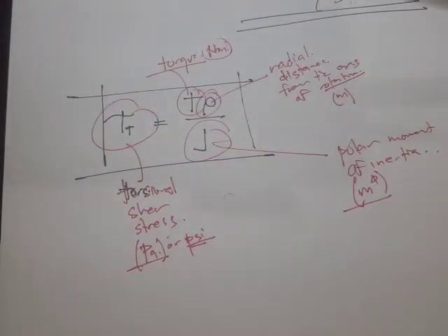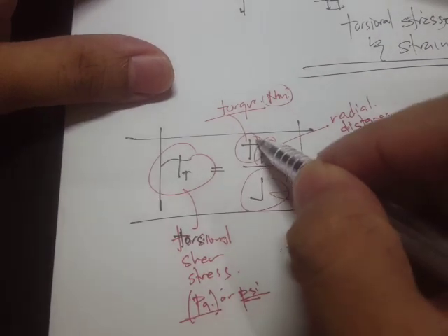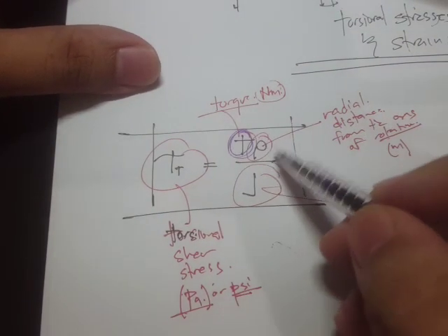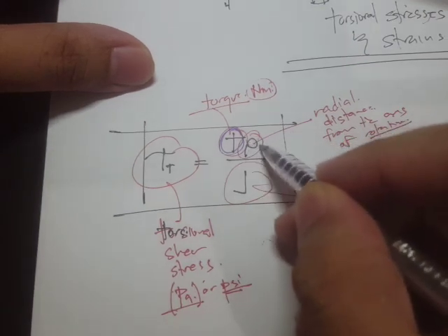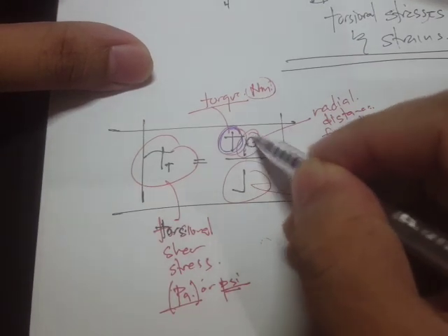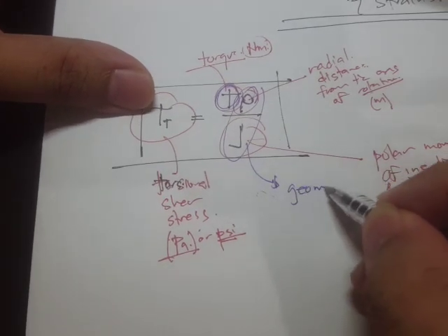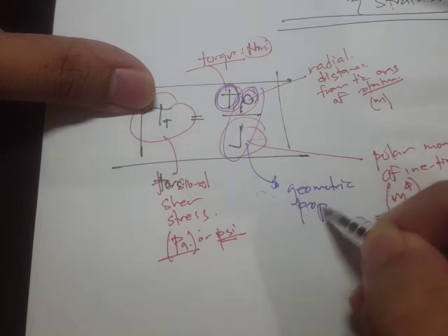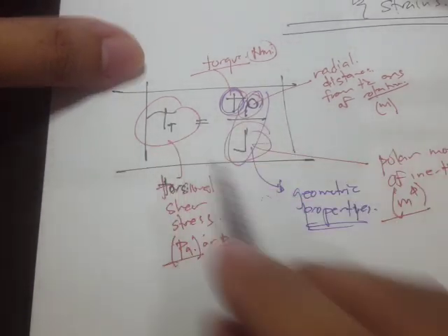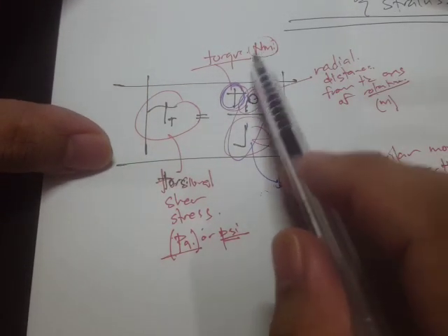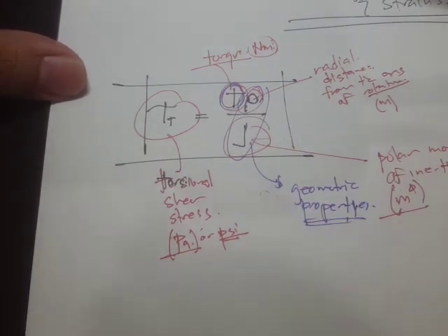Going back to this equation, you would notice that this one is the internal force, and this radial distance, or the radius, because sometimes they use R, and J is a geometric property. So again, the stress is simply a function of the internal force and the geometric properties.